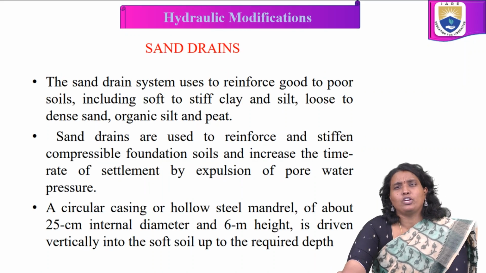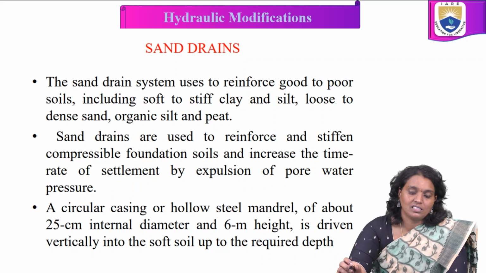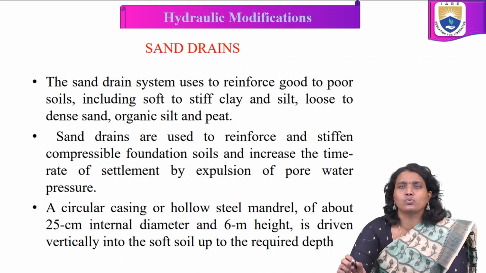Coming to sand drains, this sand drain system is used to reinforce good to poor soils, including soft to stiff clay and silt, loose to dense sand, and organic silt.